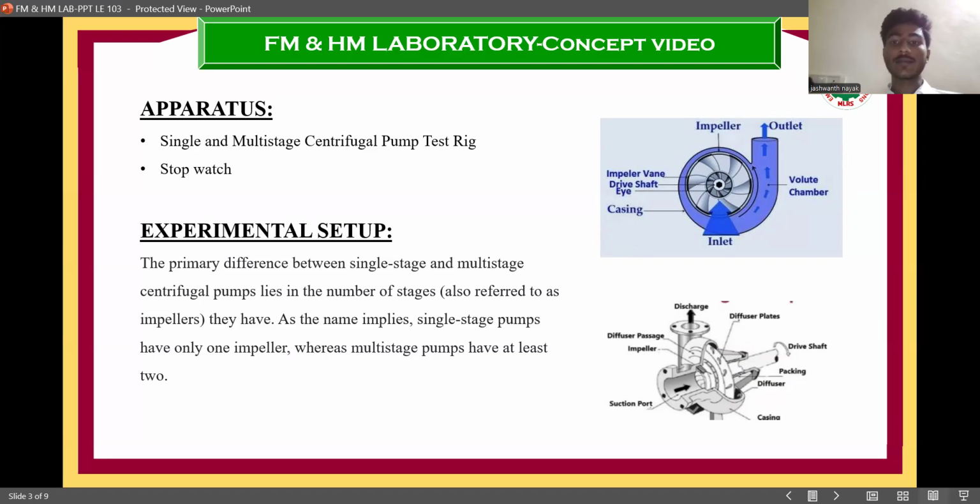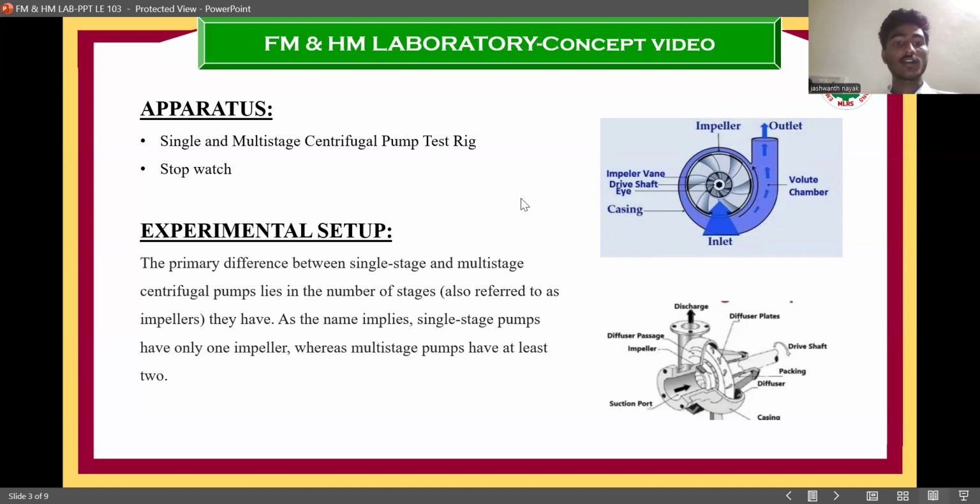We have the diagram of the centrifugal pump. It consists of an inlet, an outlet, and a casing around the fan or turbine. At the center of the turbine, we have a shaft called the eye.